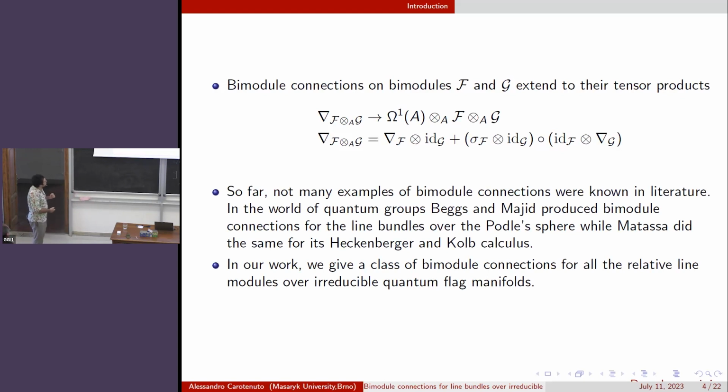And in our work, we are in a way generalizing what Beggs and Majid have done to all quantum flag manifolds of the irreducible kind. Why the ones of the irreducible kind? Because as I will tell in a moment, these are the ones for which we have a good differential calculus, that is the Heckenberger-Kolb calculus.